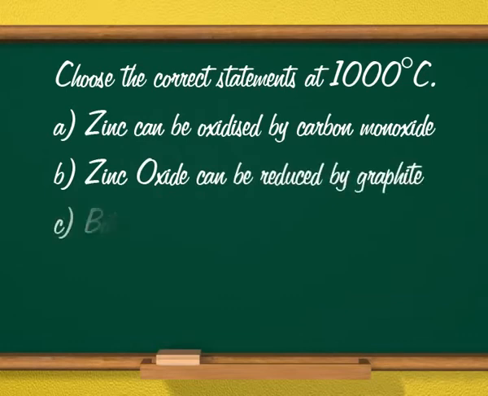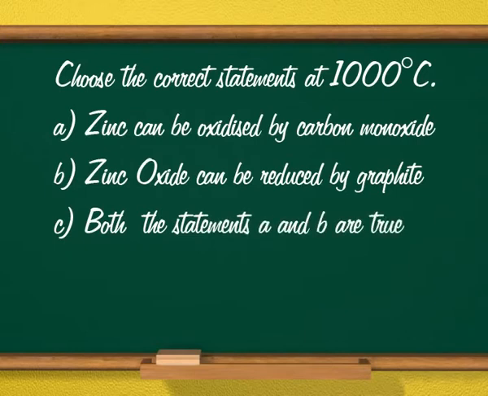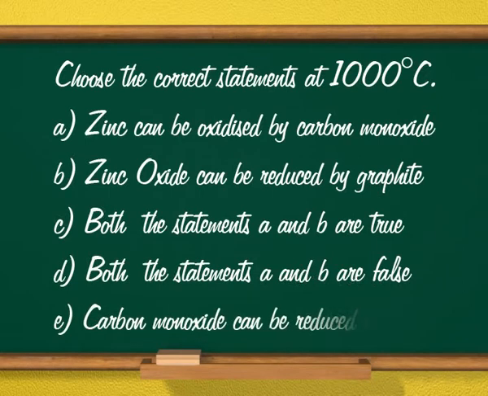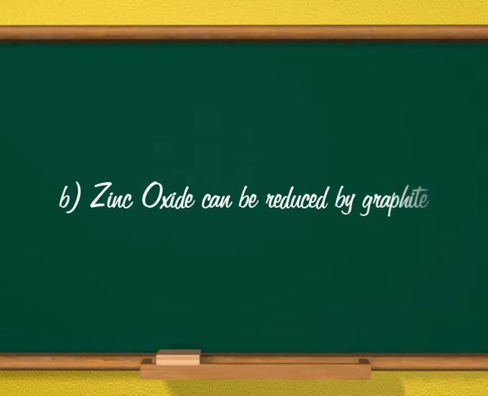C. Both the statements A and B are true. D. Both the statements A and B are false. E. Carbon monoxide can be reduced by zinc. The answer is, zinc oxide can be reduced by graphite.